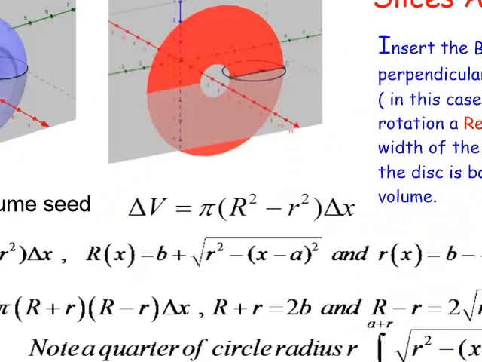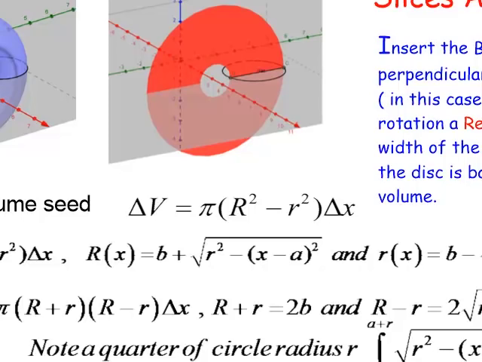Well, how will we go about this? The first thing is we know it's a slice, so we use the slice seed: delta V equals pi, big R squared minus little r squared, delta x. Now, where are we moving from? We're moving along the x-axis, from x equals a minus r up to x equals a plus r.